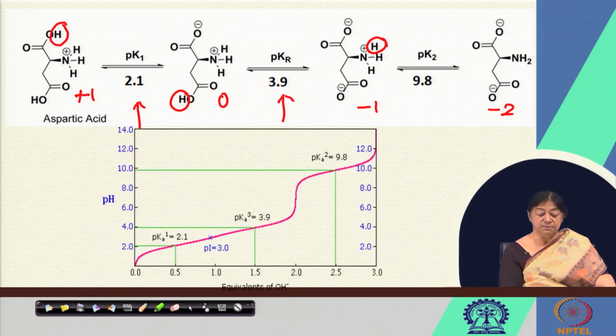So, this is a simplistic way of looking at the titrations. We are adding equivalents of OH-, we are looking at a titration where we have a pK value here, a pK value here and a pK value here, and we understand what this is for. So, now we have a pI that is going to be the average of the pK1 and the pKR.